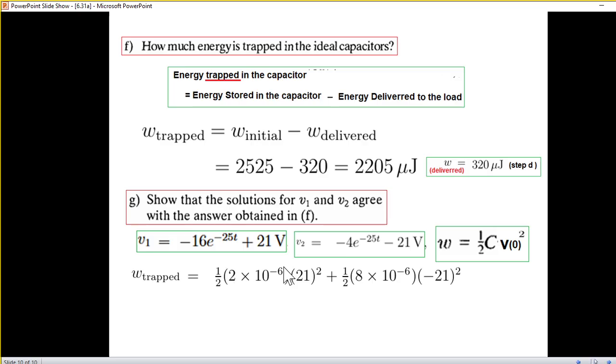So half the value of the first capacitor, and this is the voltage. In the second part, the value of the second capacitor, and this is the voltage. And solving, we find it to be 2205 microjoules. So it is the same answer that we found in step F. And therefore, the values of V1, V2 agree with the result of F.